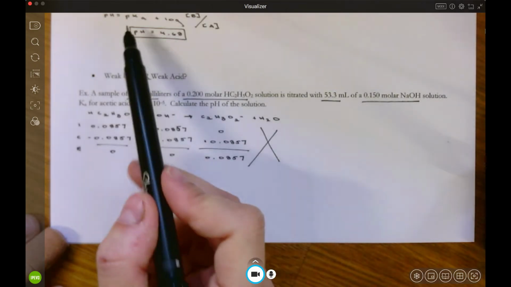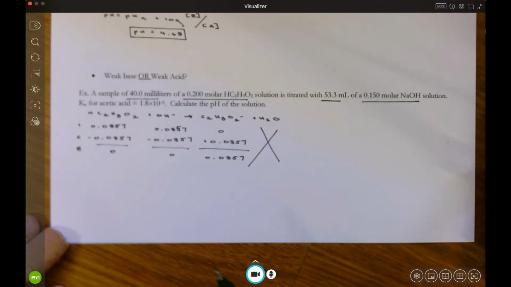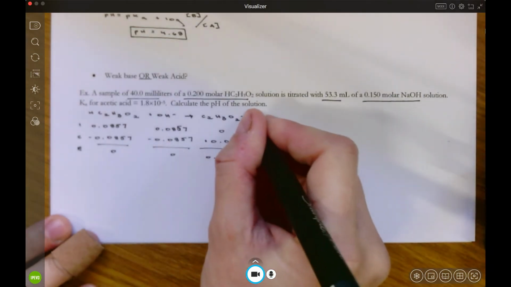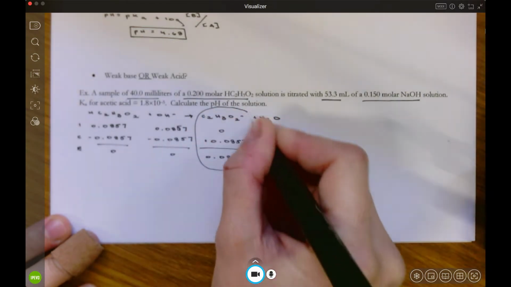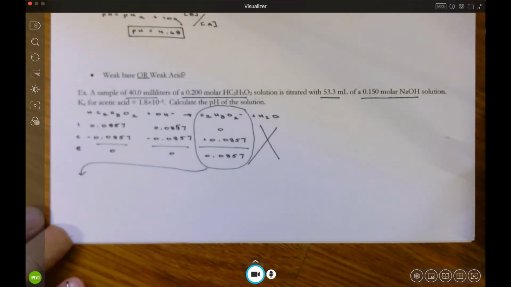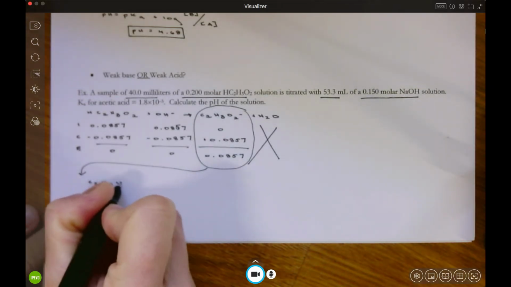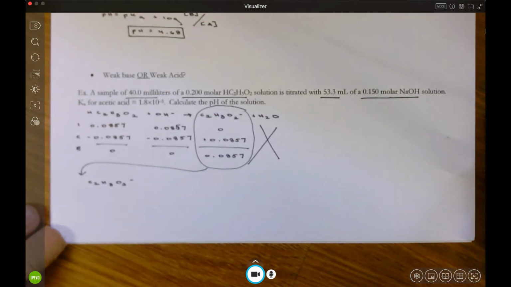I cannot use my Henderson-Hasselbalch equation here because I don't have any weak acid. And so what I know is I have a base, and this question now becomes, if I have that concentration of base, what would my pH be? Well, if you know the concentration of your base, to determine your pH, I have to do a weak base dissociation reaction now. So I have to create a whole other ICE chart.